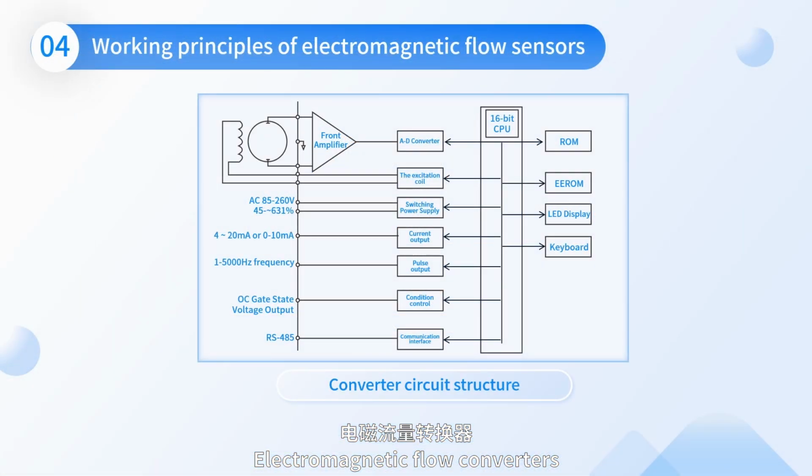Electromagnetic flow converters and different types of electromagnetic flow sensors are matched to form an electromagnetic flow meter system, which is used to measure the volumetric flow of conductive fluid in closed pipes.